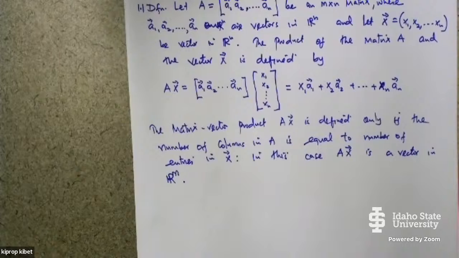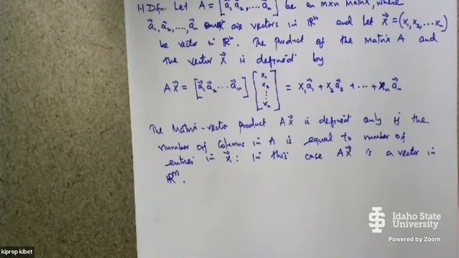Shouldn't the vector sign be over the A or the X? No, over the X. A is the matrix. These are the coefficients. The x's are what we are going to solve for.